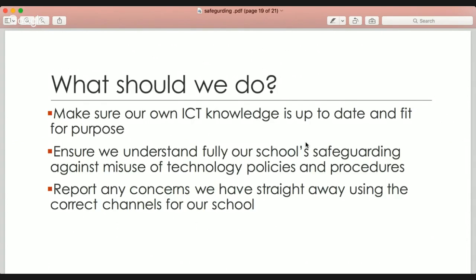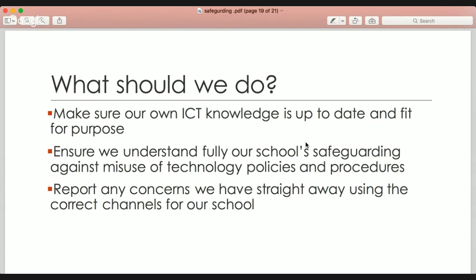Because if it's not, we will not know what we're looking for. We will miss instances of bullying, of harassment, of things going terribly wrong for young people, all to do with ICT, all to do particularly with smartphones in this instance, because our own knowledge is not up to date. And I'm sorry, but that is not good enough.